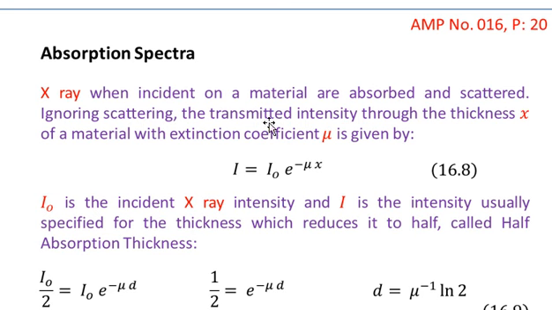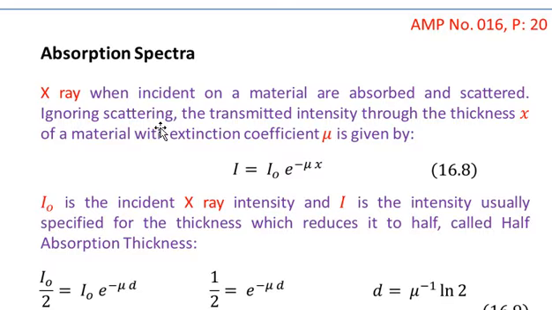Ignoring scattering, since we are talking about the absorption spectrum, we shall measure the transmitted intensity through the sample. If we were considering the emission spectrum, then of course we would measure the light which is absorbed by the sample and re-emitted in different directions. But since I am talking about the absorption spectrum, I shall be measuring the intensity which is transmitted through the sample.